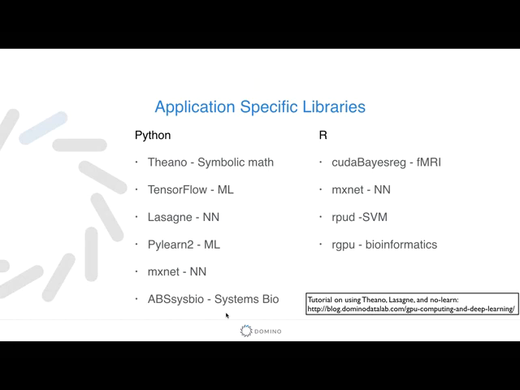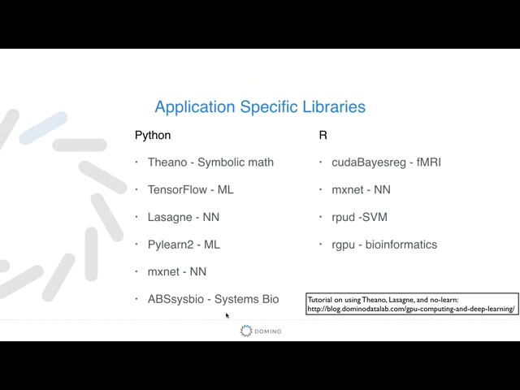On the R side, most of these things are very specific algorithms that you want to accelerate. For example, the first one is a package that allows you to accelerate your fMRI analysis on a GPU.